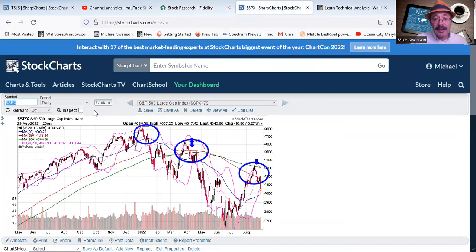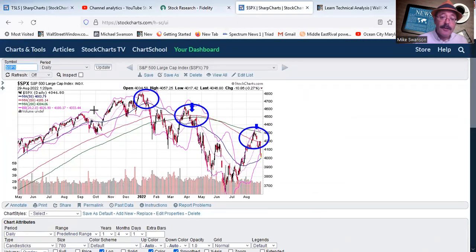And the thing about it is the S&P 500, to me, looks just like it did in March and April when it last had its 2 previous peaks of this year. The S&P 500 rallied up to the 200-day moving average, the green line on the chart, and failed to break out, and it's just dumped ever since.